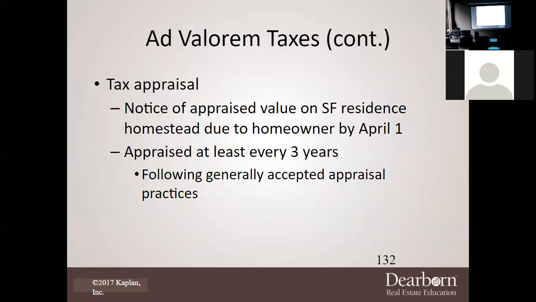Now, the tax appraisal. It's the notice of the appraised value on a single family, and y'all be aware of this. Anytime you see SF, it's single family. The notice for a single family residence homestead is due to the homeowner by April 1st. Okay, it's appraised at least every 3 years, following generally accepted appraisal practice.